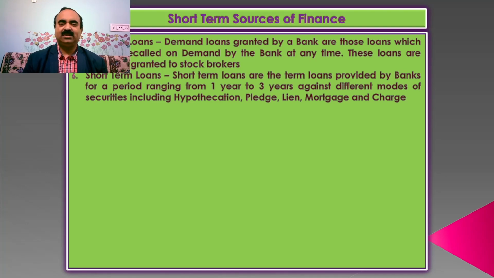Short-term loans. Short-term loans are the term loans provided by banks for a period ranging from 1 year to 3 years against different modes of securities including hypothecation, pledge, lien, mortgage and charge.